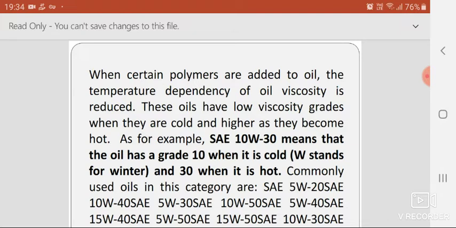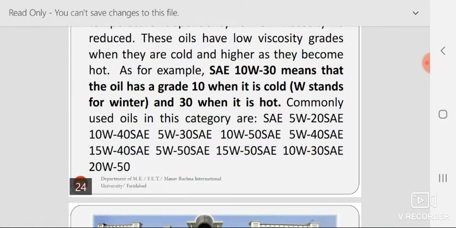Commonly used oils in this category are SAE 5W20, SAE 10W40, SAE 5W30. You can see all these. These indicate the winter and summer conditions in which it works. SAE 5W20 means it works at an SAE grade of 5, a low viscosity, during winter. 5W means 5 winter.